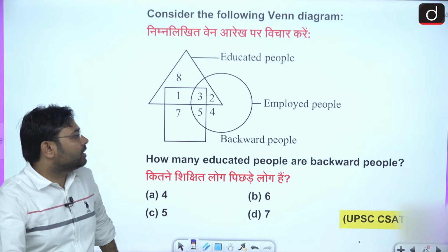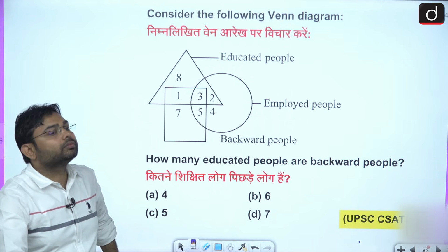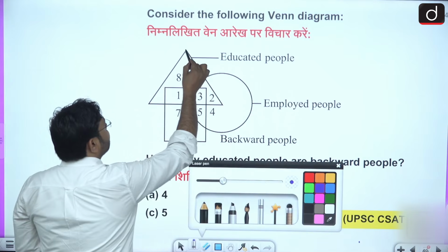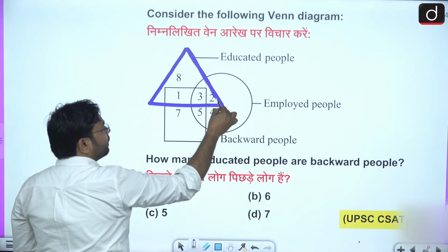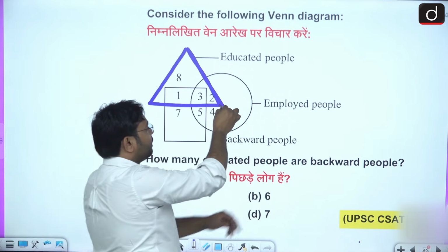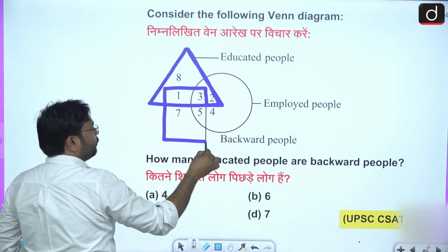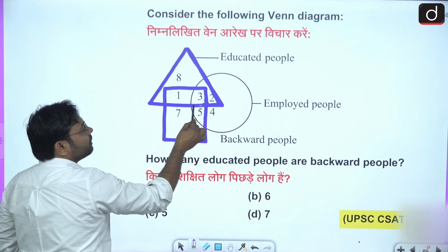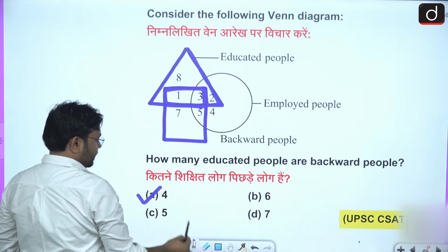How many educated people are backward? This is the triangle for educated people, and this is for backward people. So the common part is 1 and 3, so option A is correct.